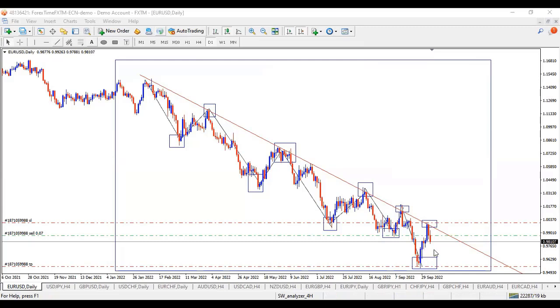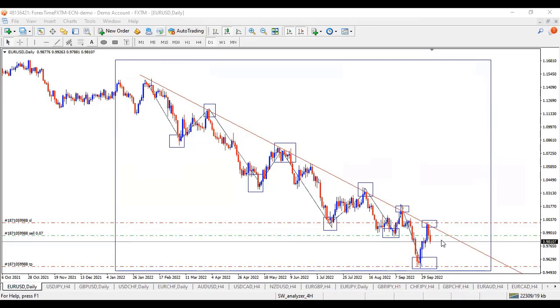But the trick is in the patience, staying out until you see exactly what you were looking for in the first place. In this case, we were looking for a rejection at this zone here, and we had to wait for a rejection candle, a reversal candle, to print. If you had gotten in here and price pushed higher, you would either be in drawdown, or if you had a small account, you probably would have blown that account.